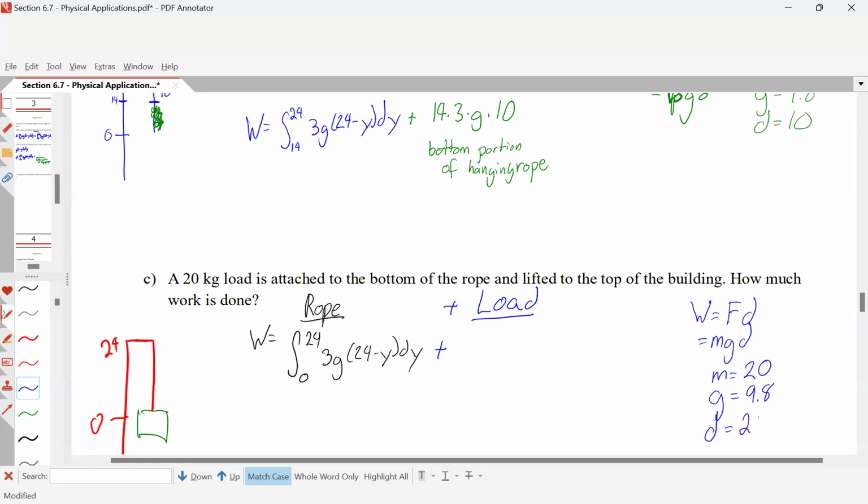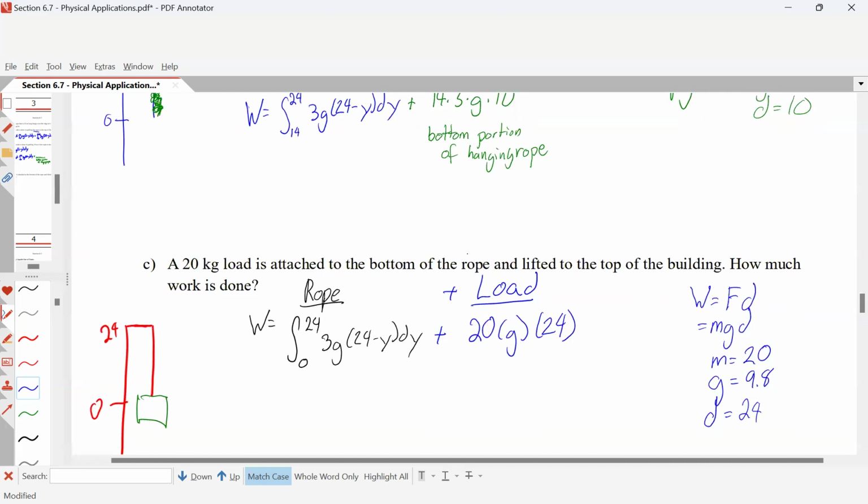It has to travel 24 meters with that whole chain. So the load is going to be 20 times G times 24. And this expression will find the work done to pull that 20-kilogram load up to the top.